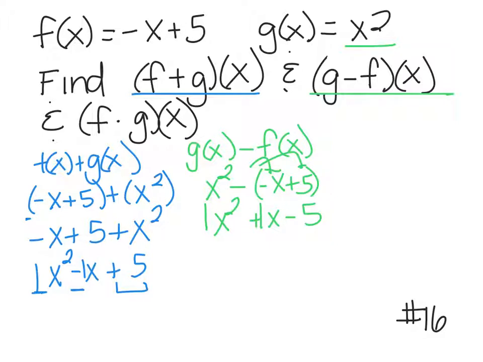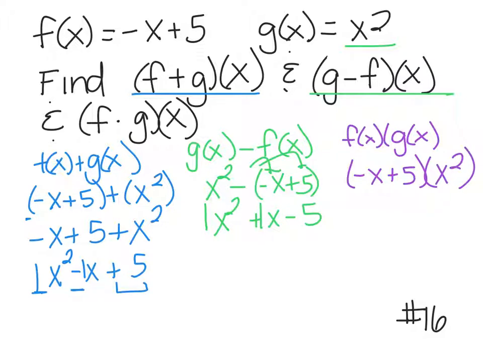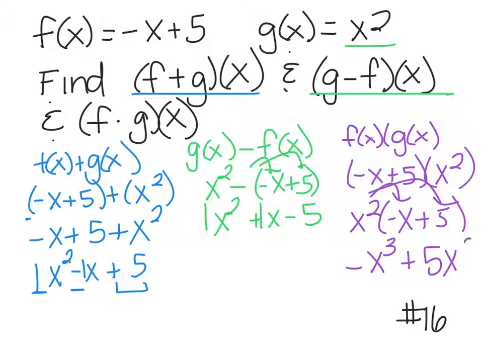The last one we have here, we're looking at f of x times g of x. So I'm going to take f of x, which is negative x plus 5, and g of x, which is x squared. So maybe it's easier to write it this way. But either way, what we're going to do is distribute. That's negative x to the third plus 5x squared.